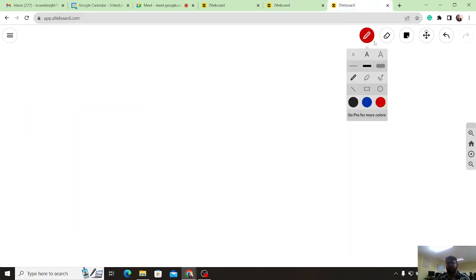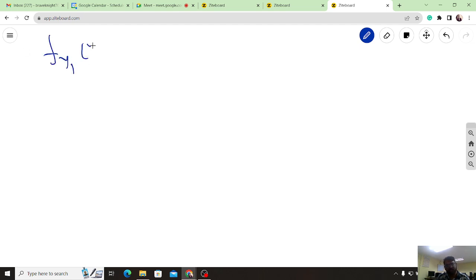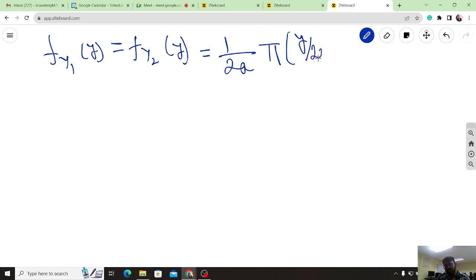So let's write the answer in this way. Another representation of this uniform distribution is, and also for f of y2, the amplitude 1 by 2a, the rectangular pulse, y by 2a. Now the probability density function of z is y1 plus y2.